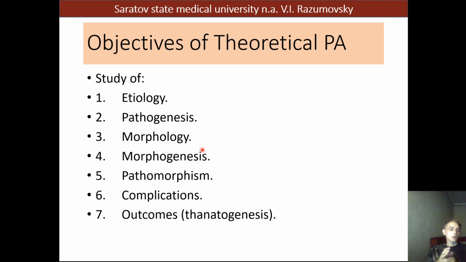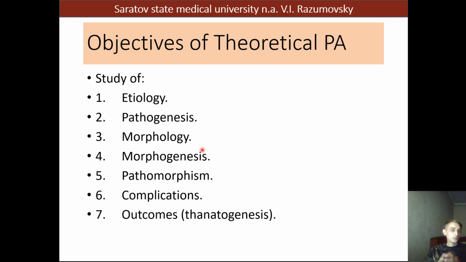If we treat this patient, we can see unchanged heart muscle. For example, it may be associated with thrombolysis in time in a patient with myocardial infarction. Pathomorphism. How this disease may happen in another patient.